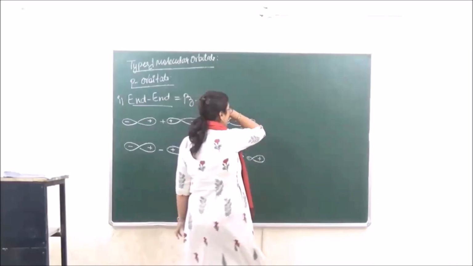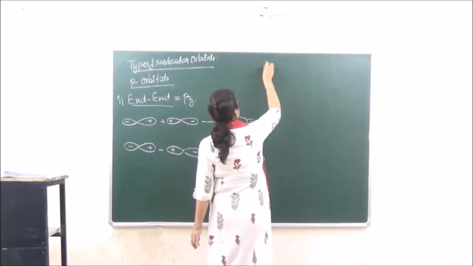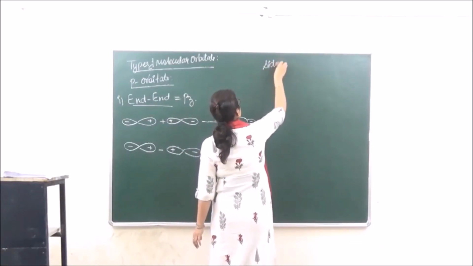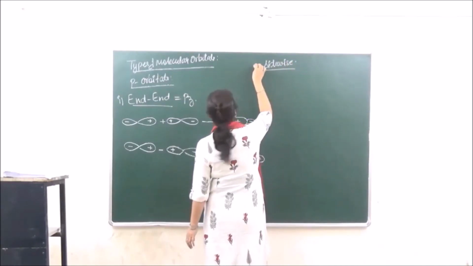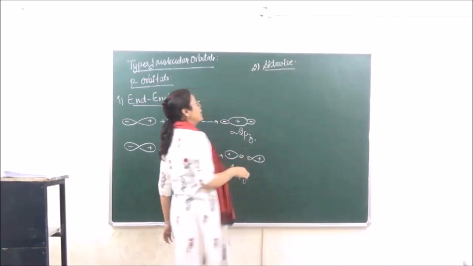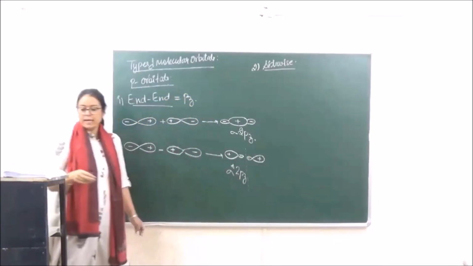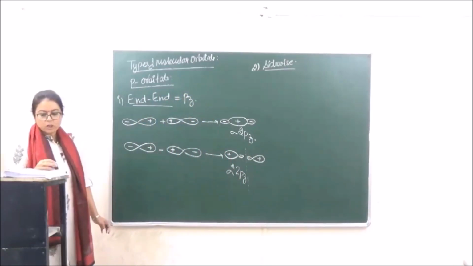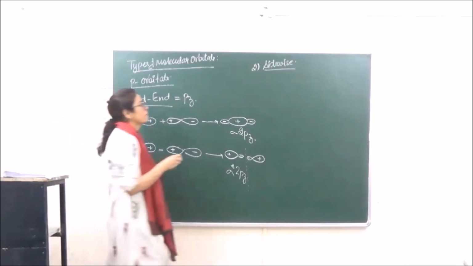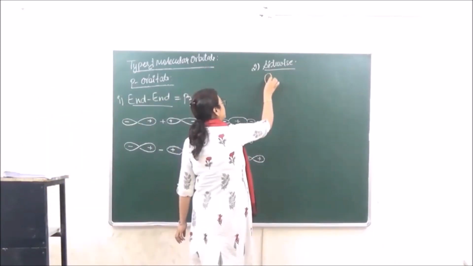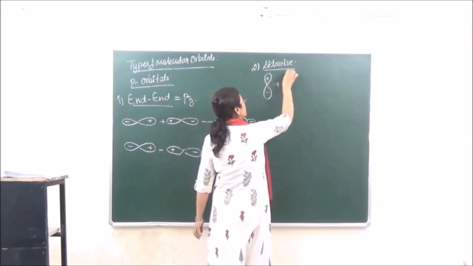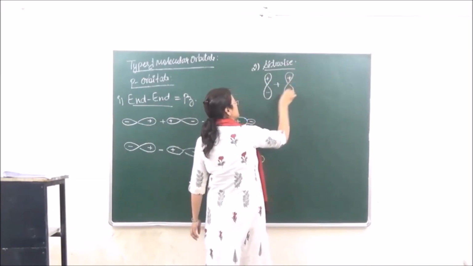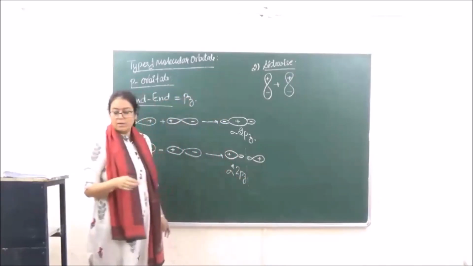ठीक है? So if we are having the second type of overlap, which is a sidewise overlap. In case of sidewise overlap, if addition is going to take place, this is how we can show the sidewise overlap over here.